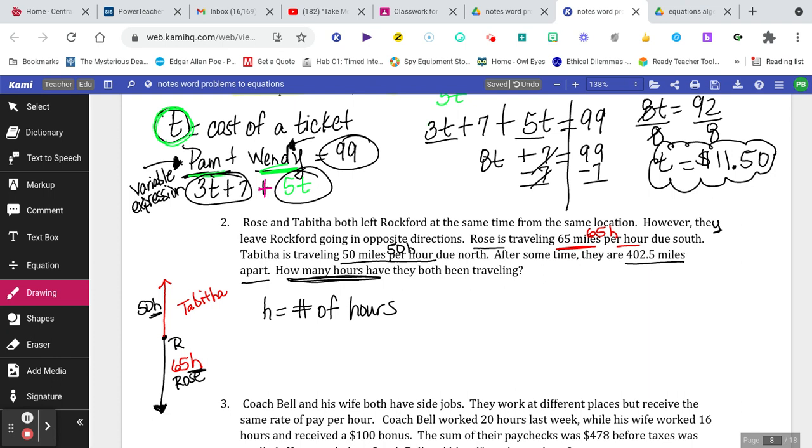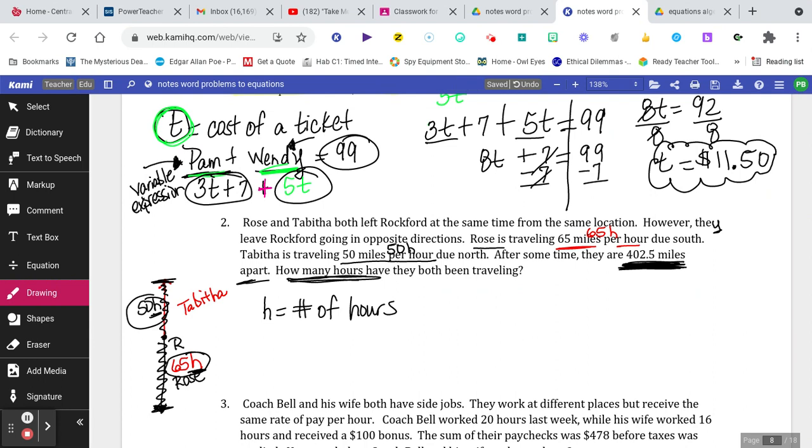But I do know that this distance right in here, which is represented by 50h, and this distance right in here, which is represented by 65h, at some point was 402.5 miles apart. So these two young ladies were 402.5 miles apart.